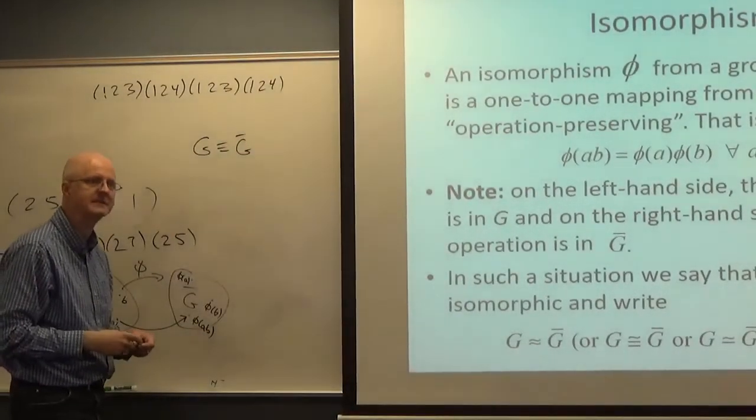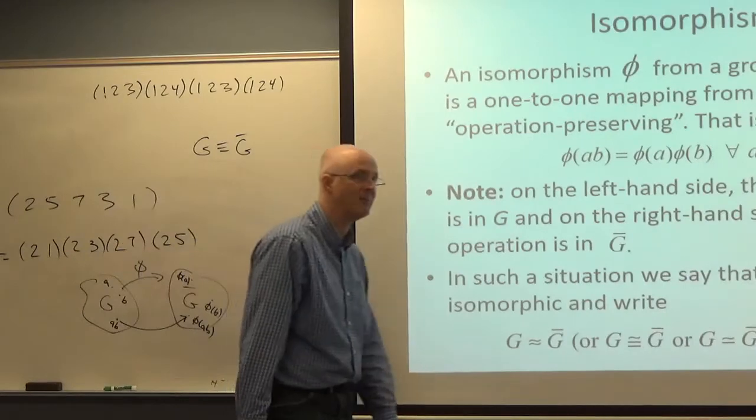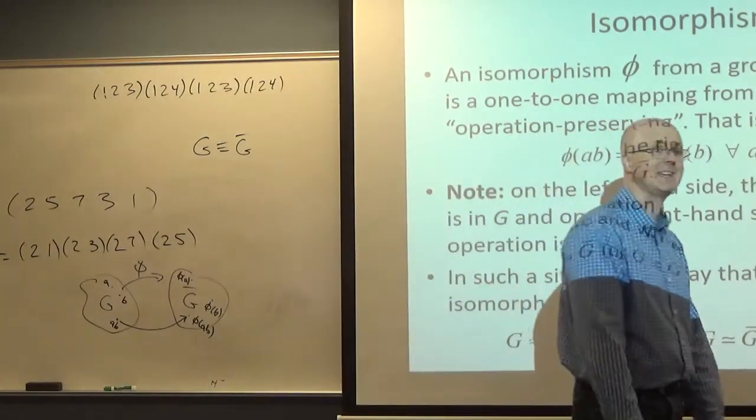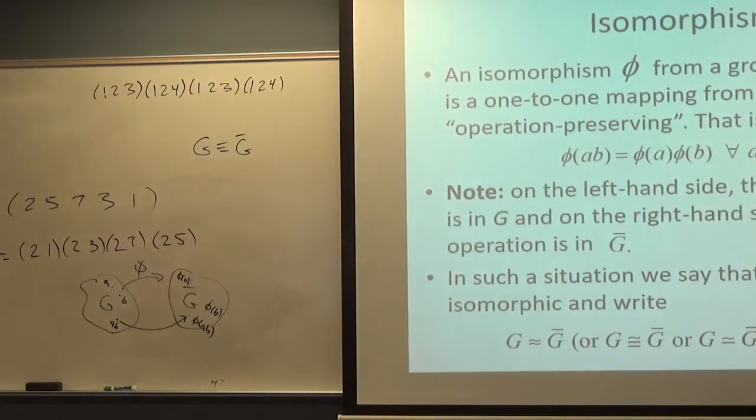I wonder why we're using this notation. Maybe isomorphism is an equivalence relation. It is. On what set? Equivalence relations have to be defined on sets. Is it an equivalence relation on G? G bar?